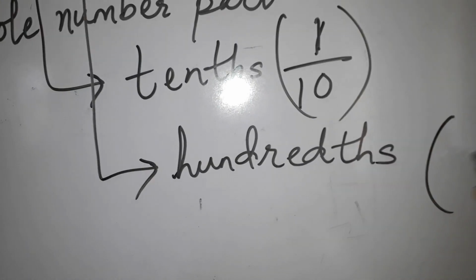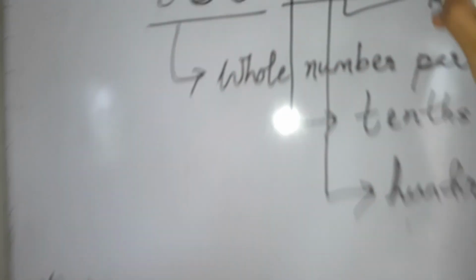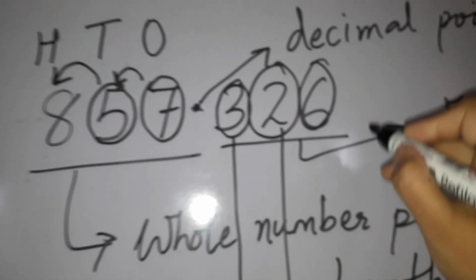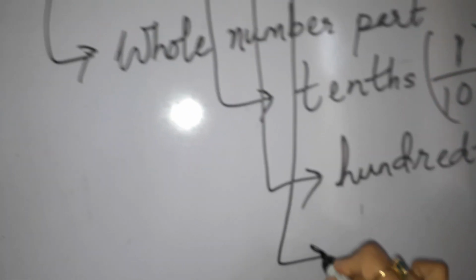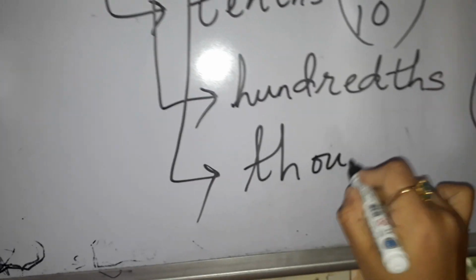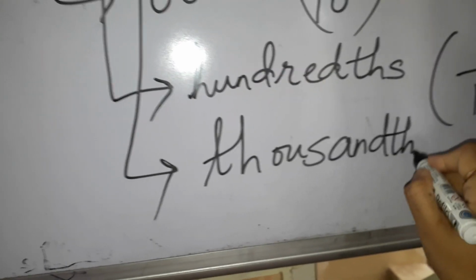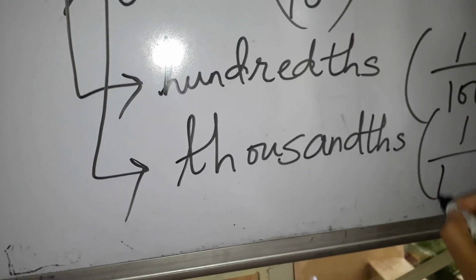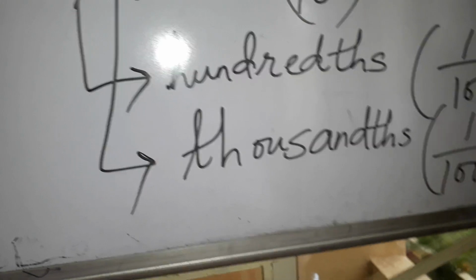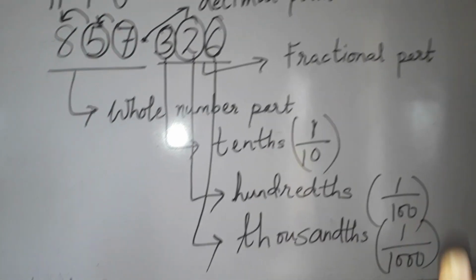That means 1 by 100. And this digit 6 is in the thousandths place. Thousandths. That means 1 by 1000. Clear? So this is what we mean by a decimal number.